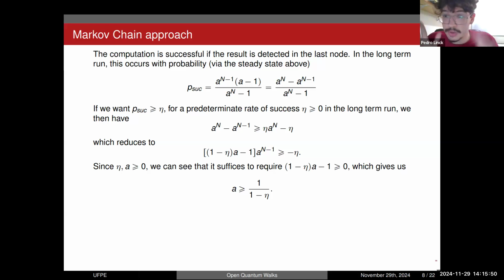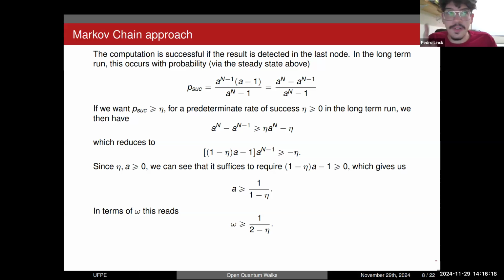And okay, so we know an A, and since A is a function of omega, we also have a bound on omega. If we want a probability of success of at least eta, then we need to have an omega that is at least 1/2 minus eta. And this is very interesting because it does not depend on the size of the walk.